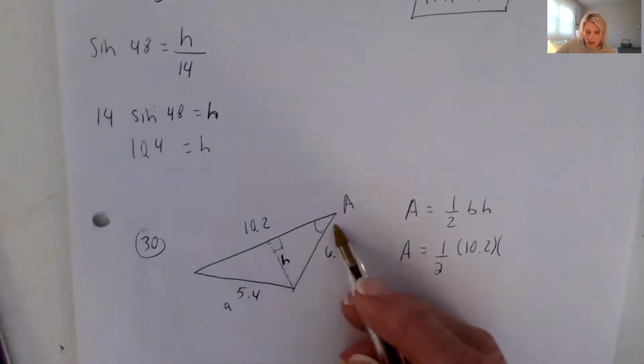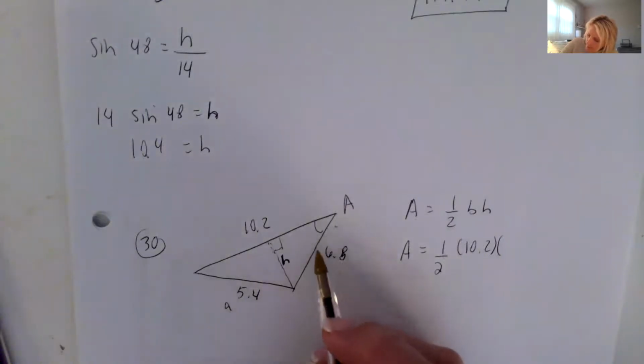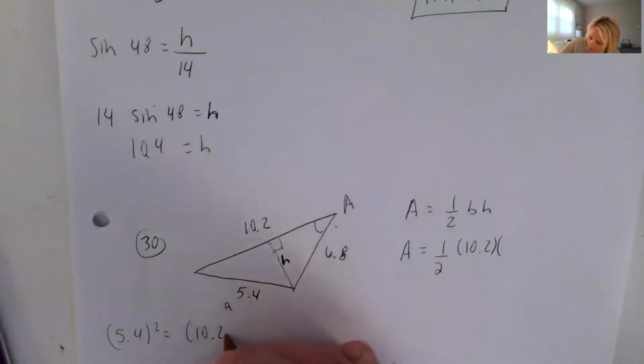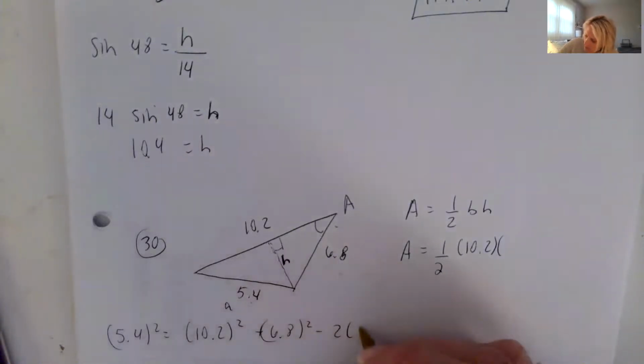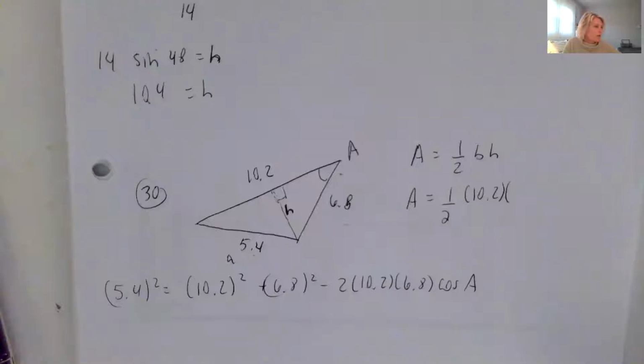But first we have to find the angle A. So the angle A is going to be, with 5.4 squared equals 10.2 squared plus 6.8 squared minus 2 times 10.2 times 6.8 times the cosine of A, using our formula for the law of cosines.